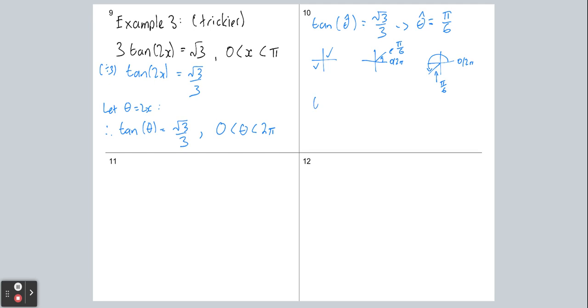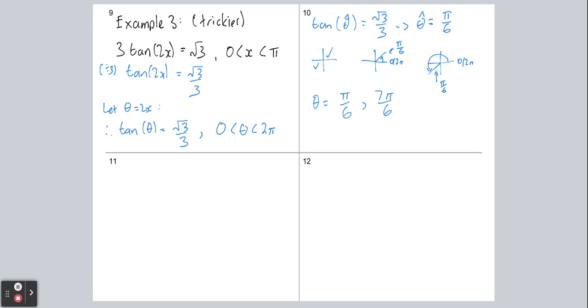So I've got theta equaling, going from smallest to largest, pi on 6. So my reference or base angle is the same as the actual angle, but also I've got this one here, which is going to be all the way to pi, and pi is 6 pi on 6 plus another pi on 6. So my second solution is 7 pi on 6.